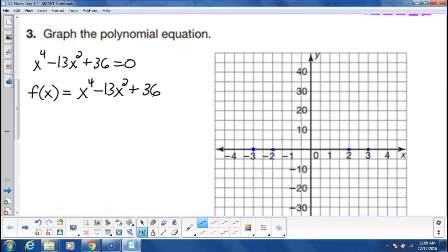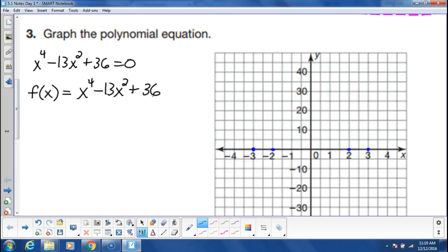Okay, Joe? This function will be going in the upward direction because the leading coefficient is positive, so on both the left and the right side, it's going to be going up.